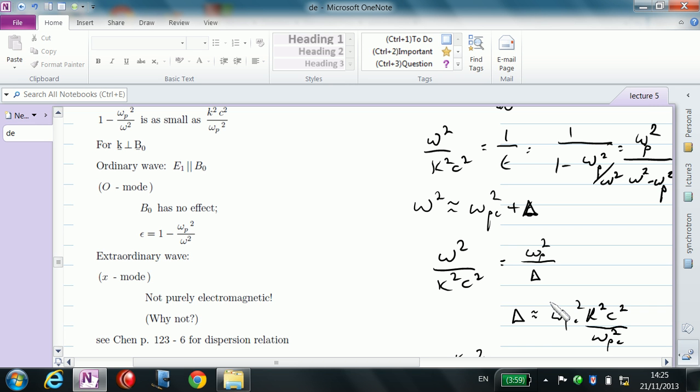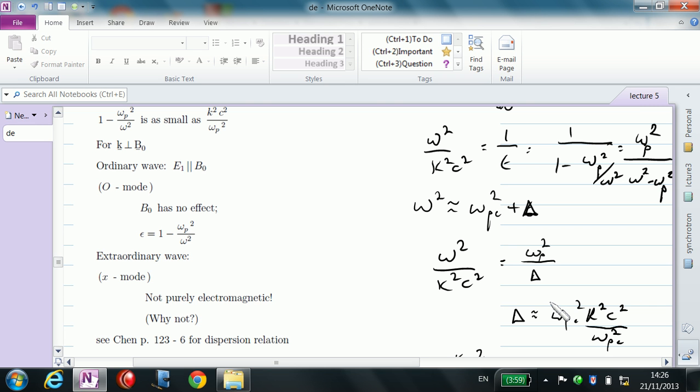How could that be, that it's infinite? Imagine you have a box that's finite in the z direction and infinite in the x-y directions. Think of the z direction as being a waveguide, and think of the direction of propagation as being in the x direction, the infinite direction.